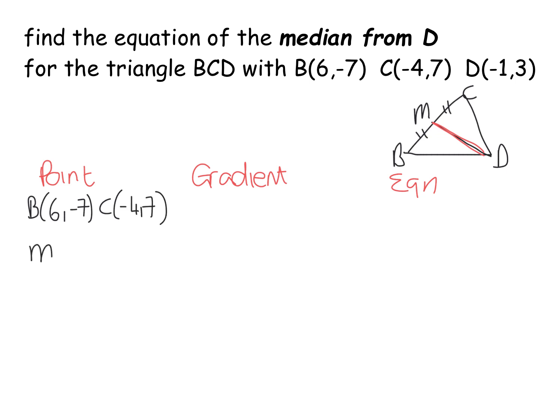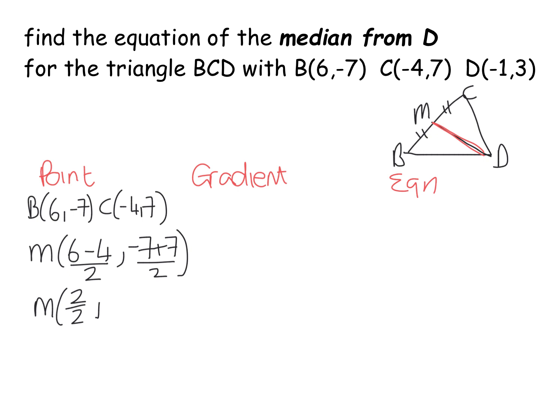So my midpoint will be 6 minus 4, half it. -7, add 7, and then half it, which gives me 2 over 2, and, well, that's just 0 over 2. So my midpoint is 1, 0. So there's my coordinate I'm going to use in a second. So let's highlight that's what we're using.